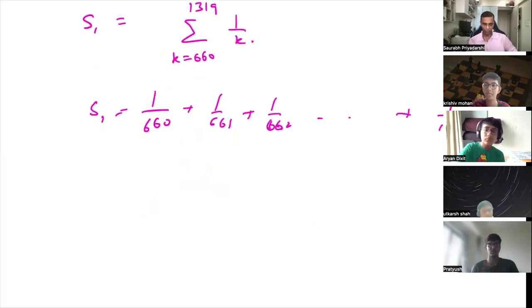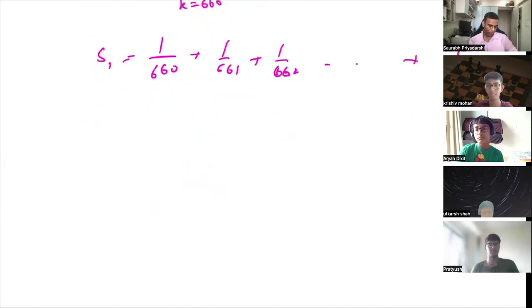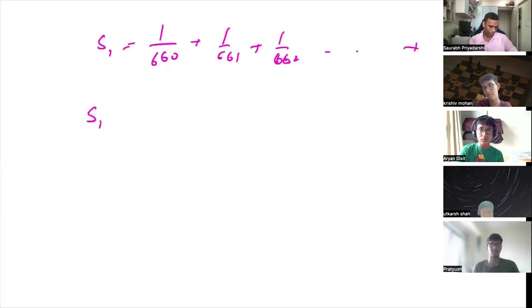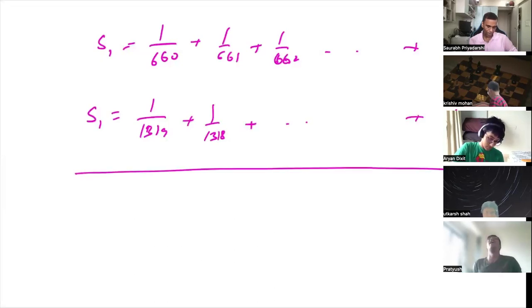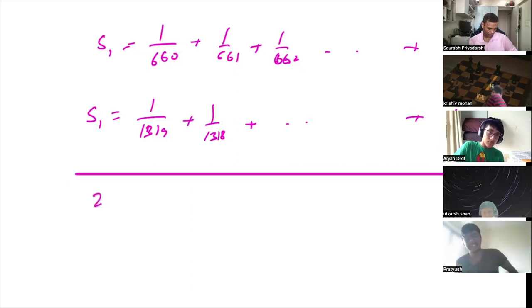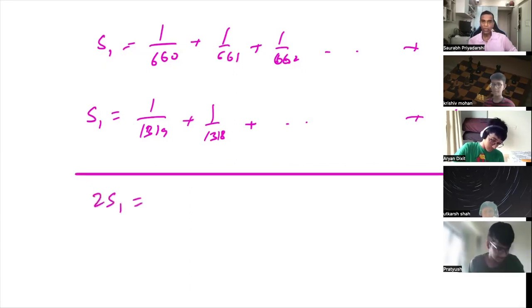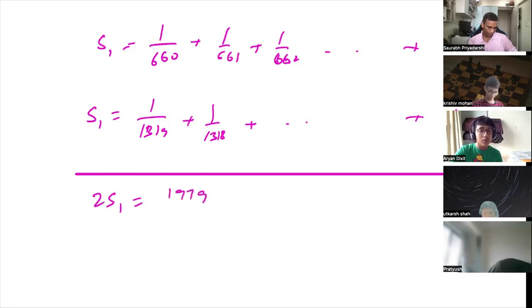What if I take this S1 again and add 1 upon 1319 plus 1 upon 1318, up to 1 upon 660? If you add both of these, what number are you getting? 1979 in each and every term.